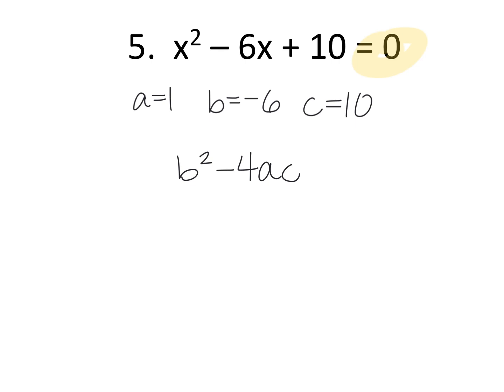Okay, so plug it in. That is -6 squared minus 4 times A, which is 1, times C, which is 10. You can do this part. Again, you can type all of this in your calculator all at once, using parentheses and negatives, or you can do it in your head.